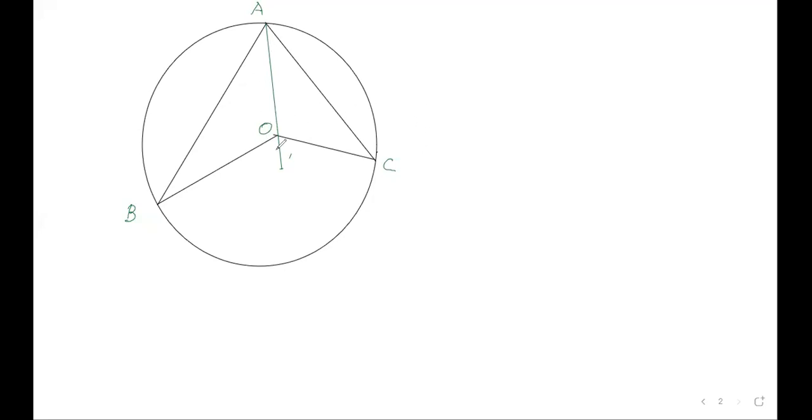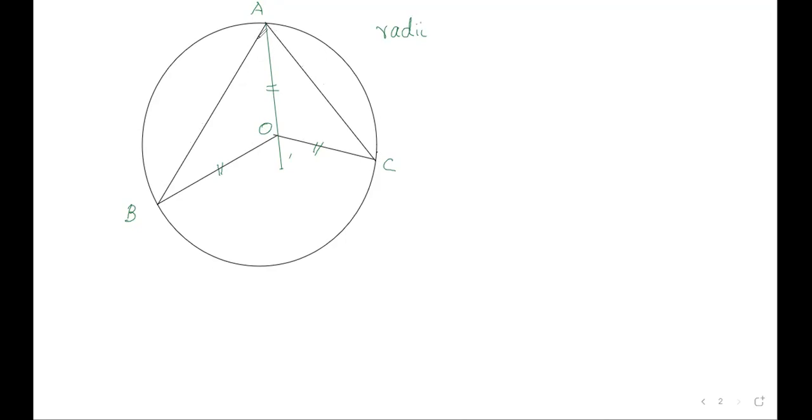So AO, because O is the center, will equal BO, which will equal OC. And the reason is that that's a radius. Now, we have two triangles here, triangle ABO and triangle AOC.